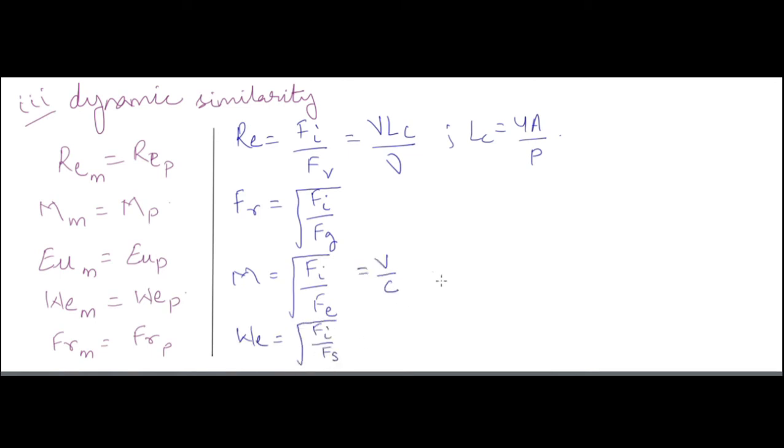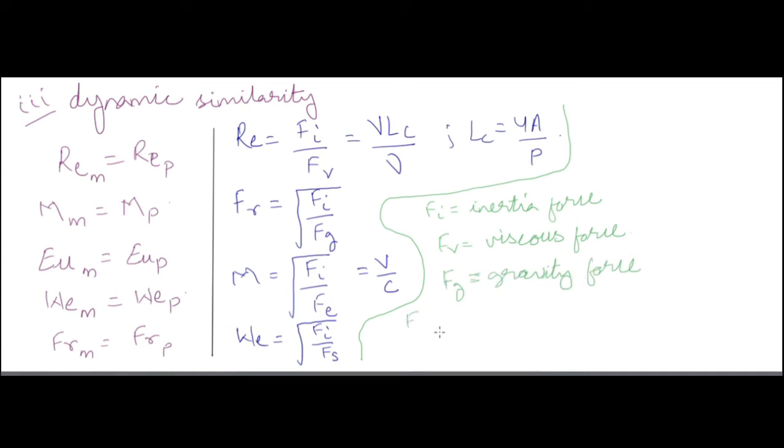Reynolds number, as you know, Mach number is V by C, then Euler's number, Weber number and Froude's number. Reynolds number is equal to inertia force by viscous force, which is equal to V LC by mu, or rather, it's kinematic viscosity.